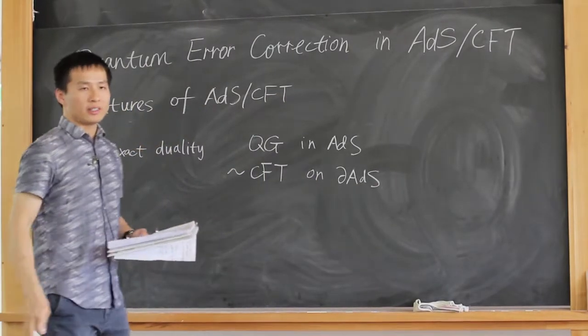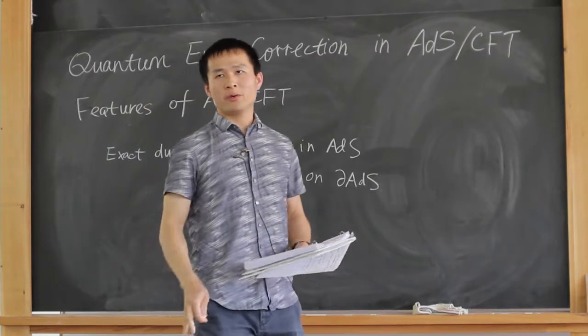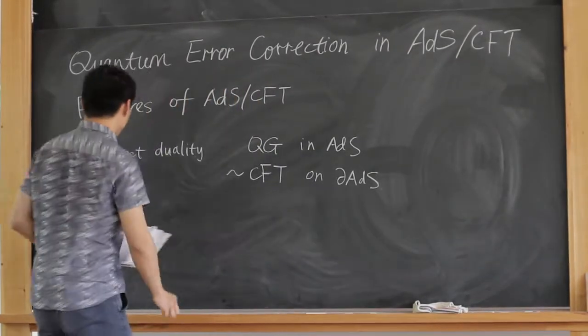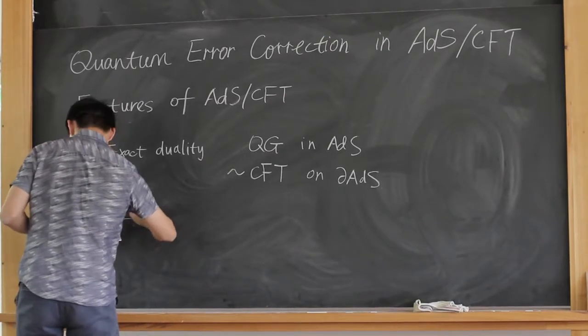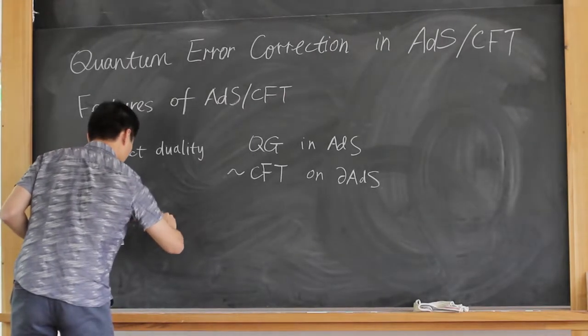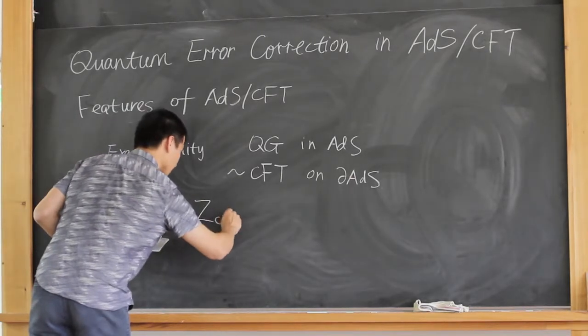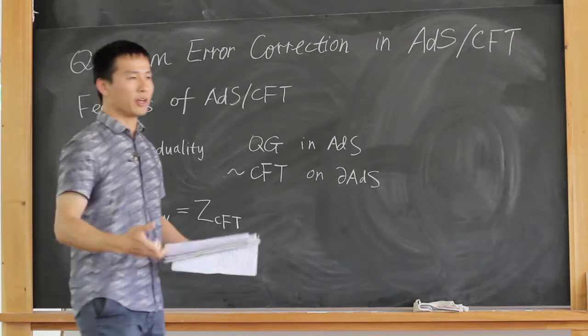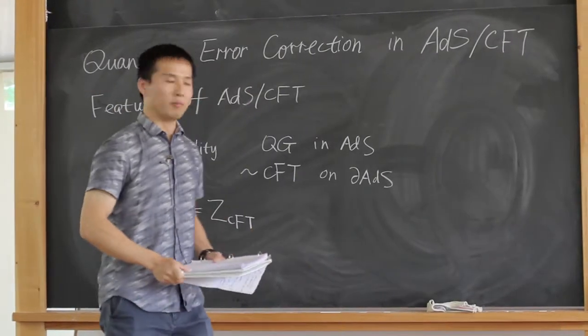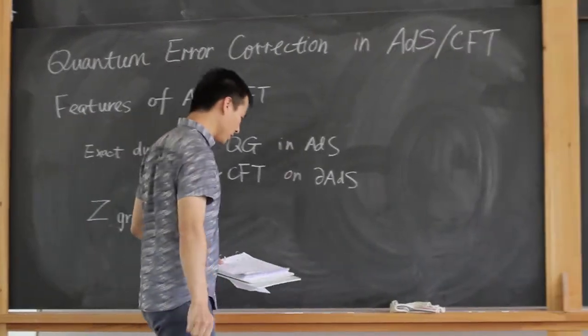What this means is there are several ways to interpret this duality. The first is that the partition function of the two sides are the same. And we can include sources, include boundary conditions. There's no mystery about this equality.